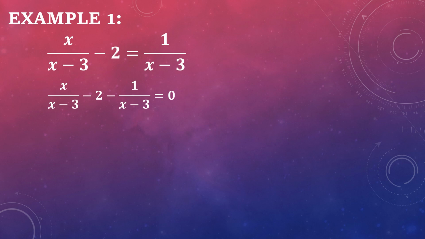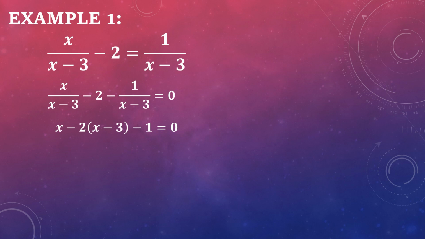And take note that the denominator of a whole number is 1. So LCD x minus 3 divided by 1 is x minus 3 times the numerator 2 is 2 quantity x minus 3, minus the third expression is 1 over x minus 3. LCD x minus 3 divided by x minus 3 is 1 times the numerator 1 is 1, which is equal to 0. So we have x minus 2 quantity x minus 3 minus 1 is equal to 0.